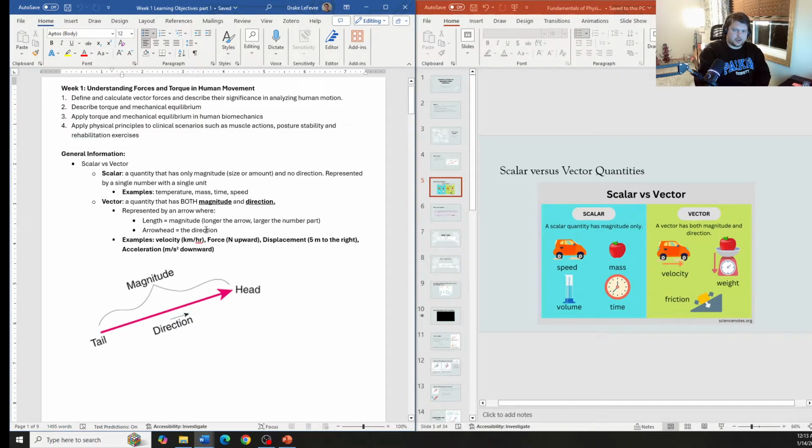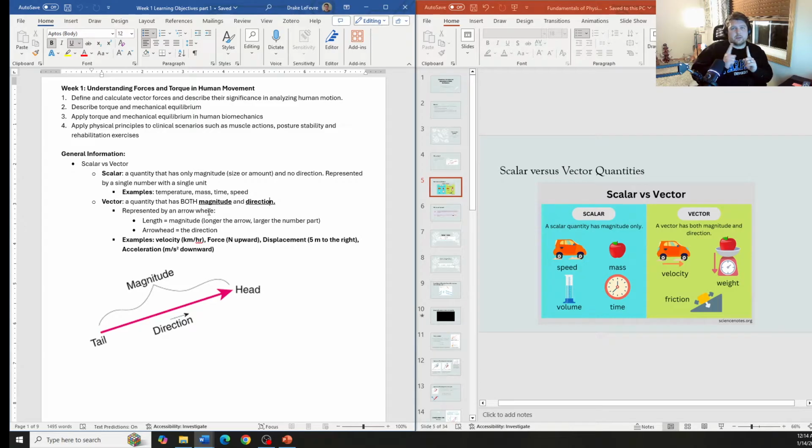A vector is a mathematical term that we use to represent both a number as well as a direction. So you can think of this, for example, like, I'm in my car going 35 miles per hour heading north.